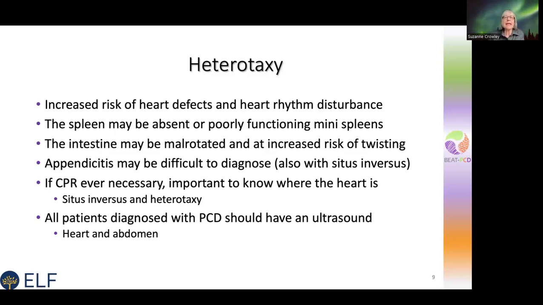That doesn't mean to say that CPR would be unsuccessful, but it might be difficult to interpret electrical signals from the heart when you're using a defibrillator. So all patients diagnosed with PCD, ideally, particularly if they have situs ambiguous or heterotaxy, should have an ultrasound of the heart and abdomen.